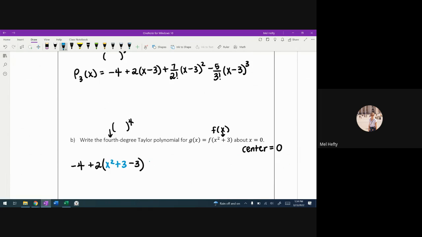All right, the next term, I'm going to have plus 7 over 2 factorial. Here, again, I'm going to keep writing down x squared plus 3 minus 3. I'll simplify that in a second, squared. Should I keep going?